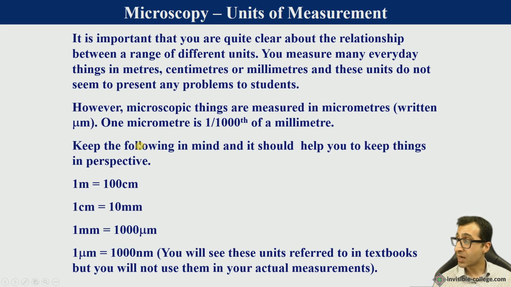So keep in mind that 1 meter contains 100 centimeters, so the prefix centi means 1/100th of a particular measurement. A centimeter would be 1/100th of a meter, so there are 100 centimeters in a meter.